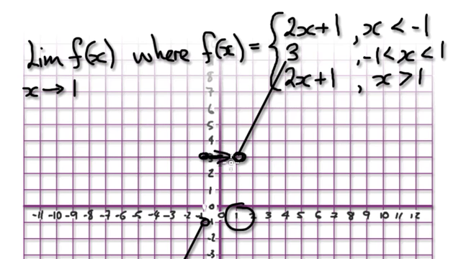From the left hand side, it's going to approach here. From the right hand side, it will head towards this bit here. So your limit is right here.